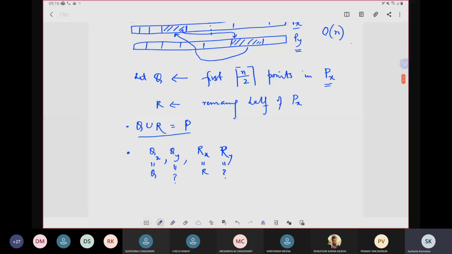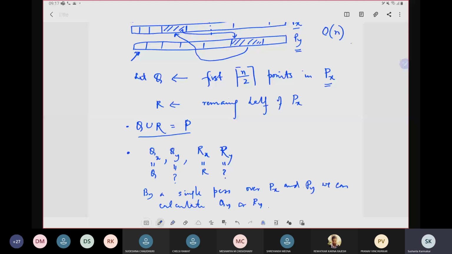Why so? Remember what is Qy? Qy is essentially the sorted version of Qx according to Y coordinate. Now this is the sorted version of Py. So what I do, I just go through this Py left to right.